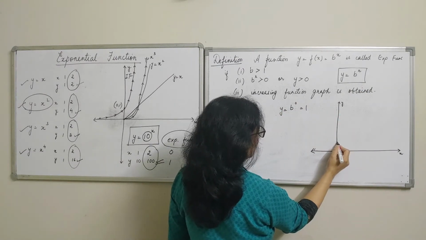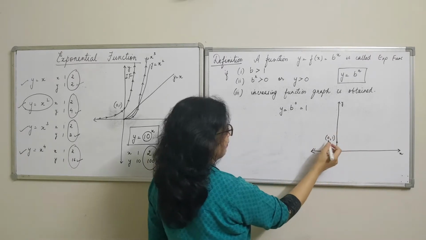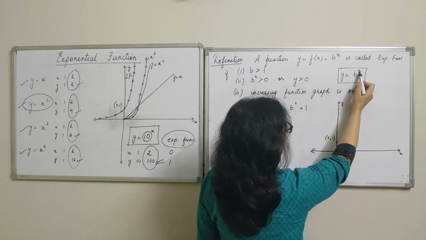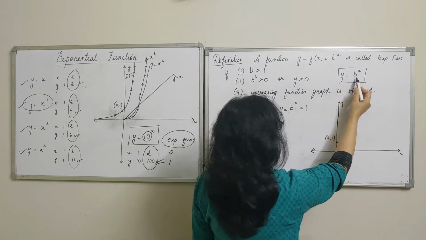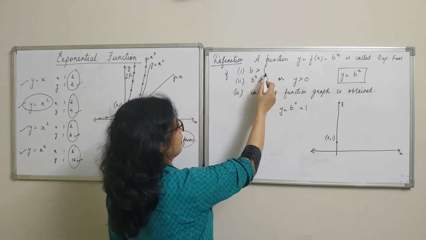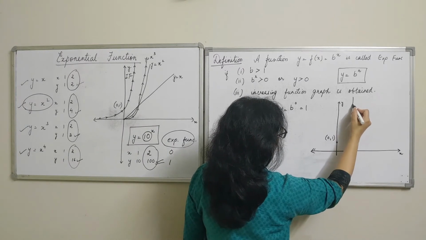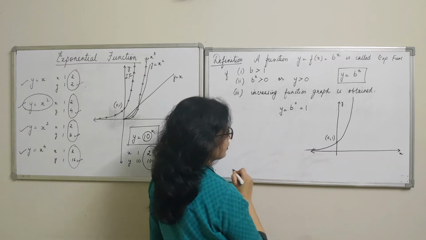So that point x is 0, y is 1 is this. So the curve will pass through the point (0, 1). As you put in various values of x, you get corresponding values of y. Once you decide the base is any real number greater than 1, the moment you draw, a graph of this kind is obtained like this.